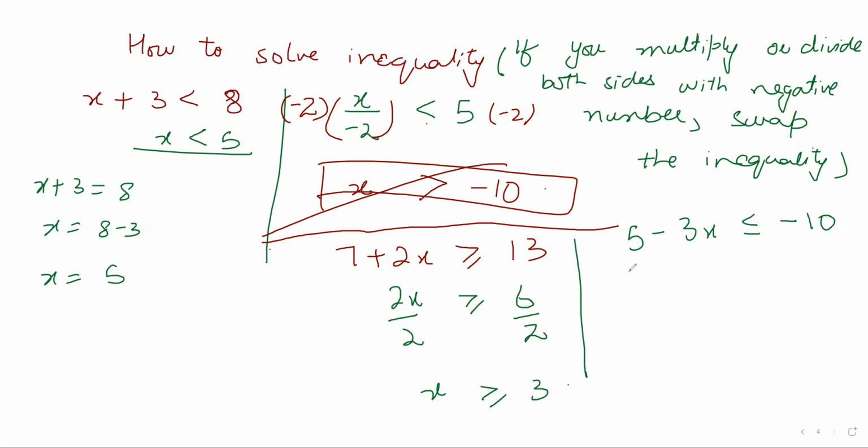Subtracting 5 on both sides will be the first step. We will get negative 15. Now dividing by negative 3, and when we divide by a negative number, we are going to swap the inequality. So dividing by negative 3, we will get x is greater than or equal to 5.